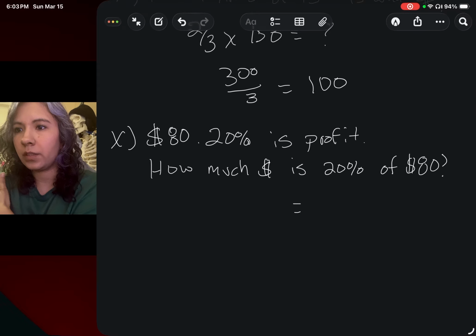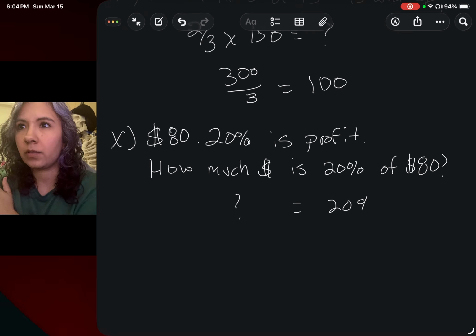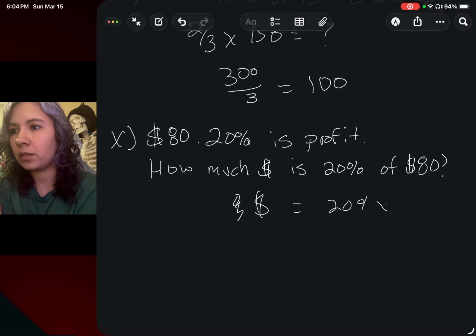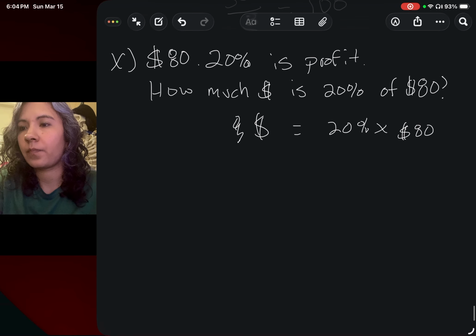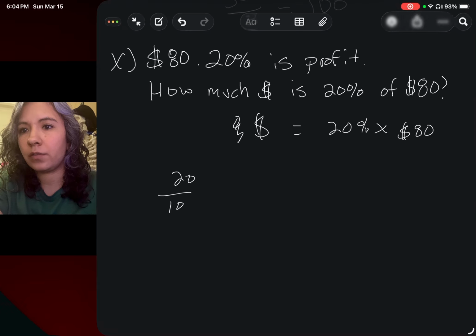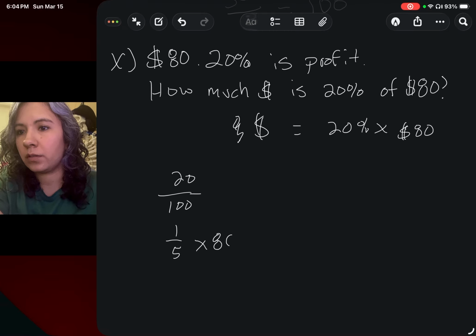So we're still going to do the equal sign here and multiplication here. This is what we're looking for: money is what we're looking for, times $80. So this 20% we want to change into a fraction or a decimal. You can do both on here. So 20 over 100, which should be 1/5, times $80.